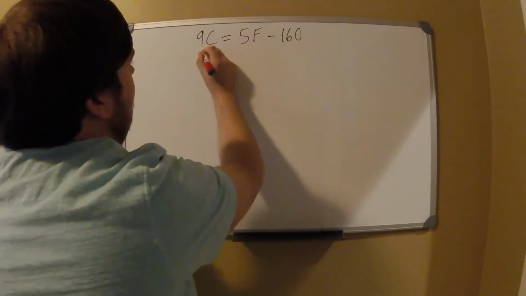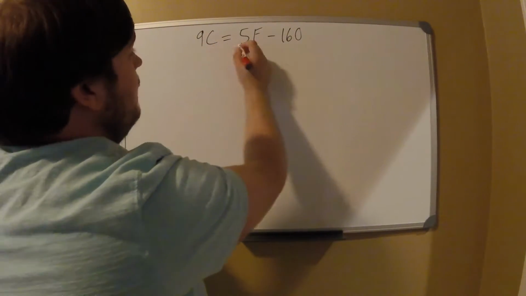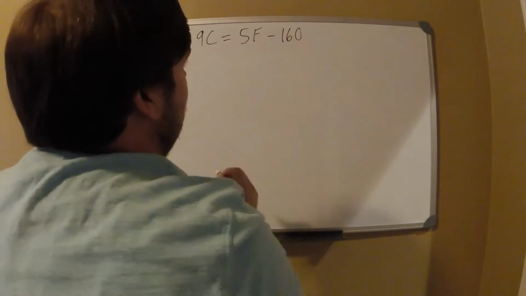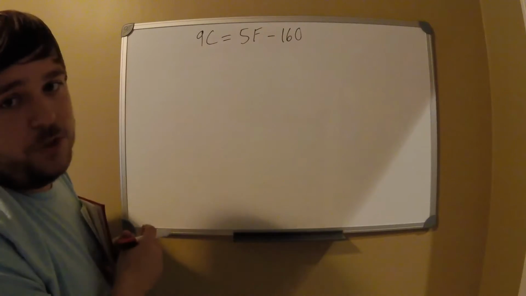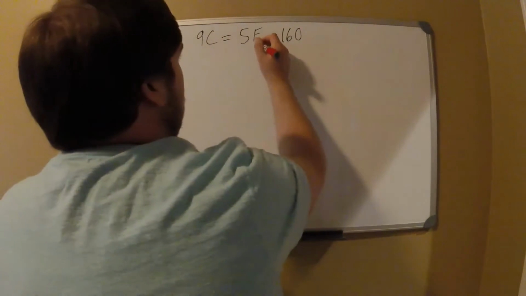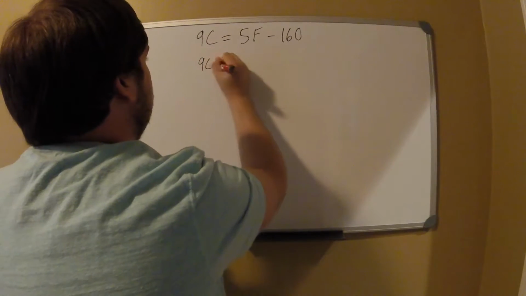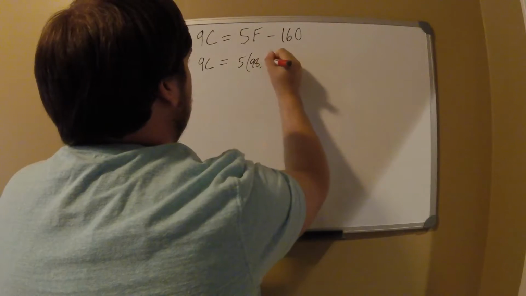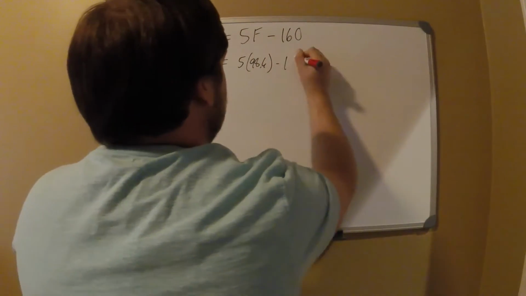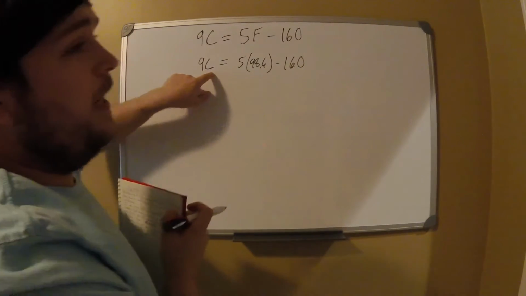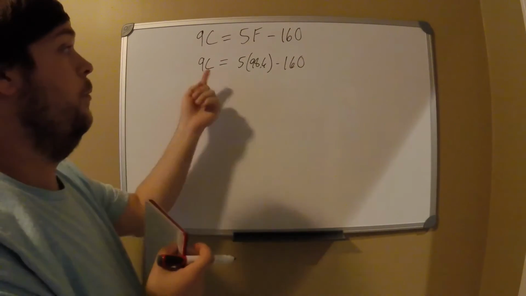So that's 9 times the temperature in Celsius is equal to 5 times the temperature in Fahrenheit minus 160. Now, if the body's normal temperature is 98.6 degrees Fahrenheit, that's going to go right here, and you plug it in here. So now you're only left with one unknown.